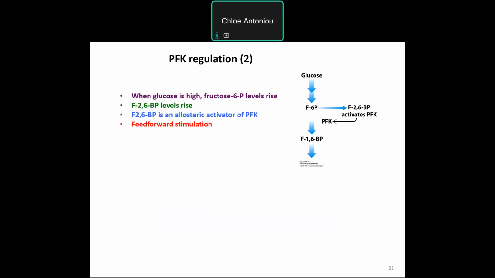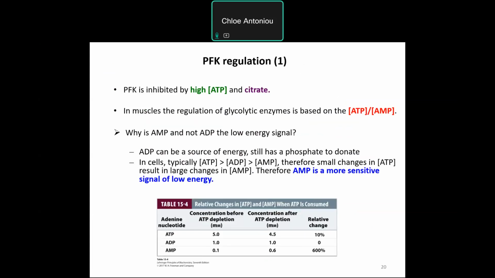Another, yes? Yeah, usually in the cell, when these are the concentrations that you see, the ATP concentration is much higher than the ADP and the AMP. Usually the ADP stays the same. We convert ATP to ADP to AMP, AMP back to ADP.